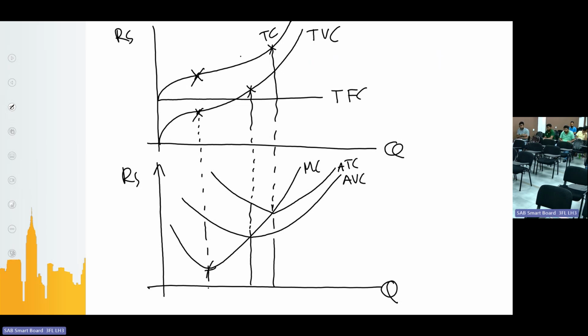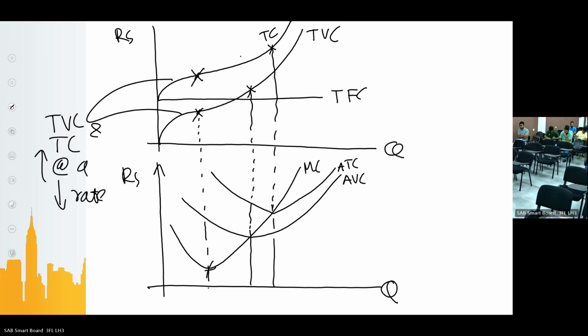What is the transition? The rate changes. Before the point, TVC and TC increase at a decreasing rate. And after this transition point, TVC and TC increase at an increasing rate.